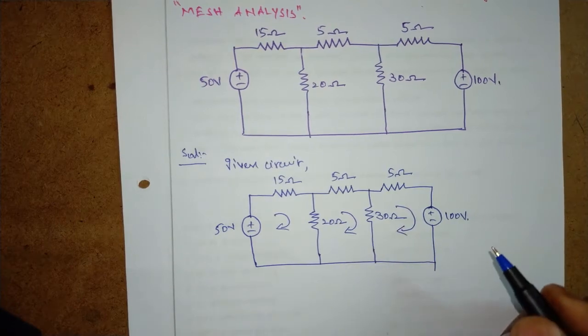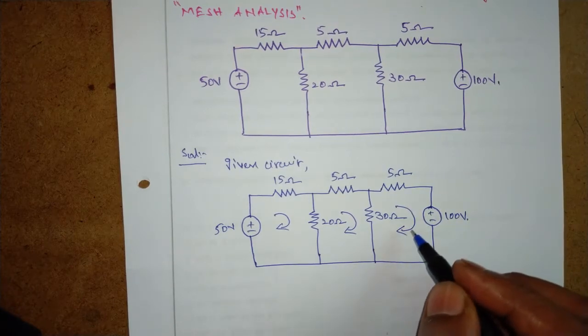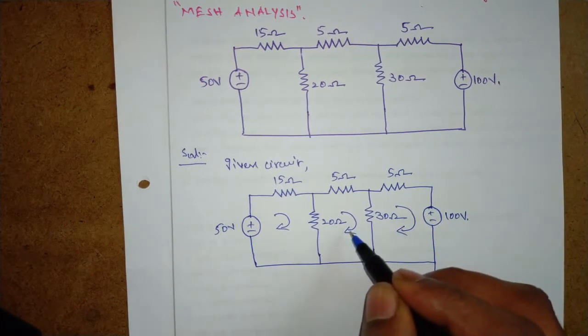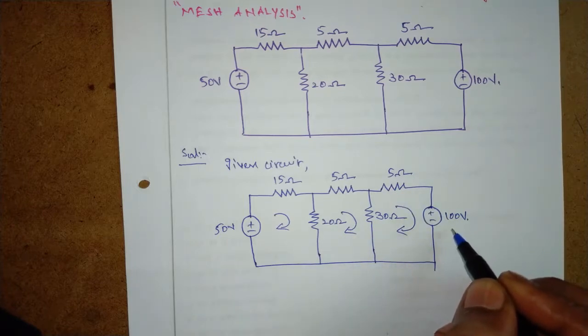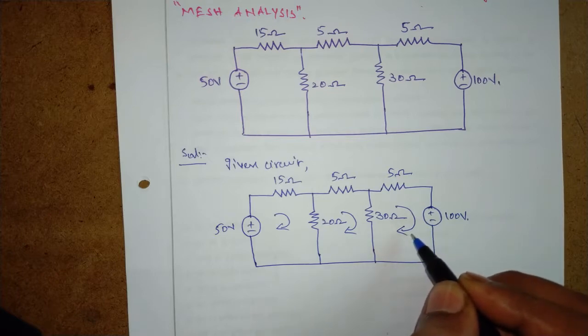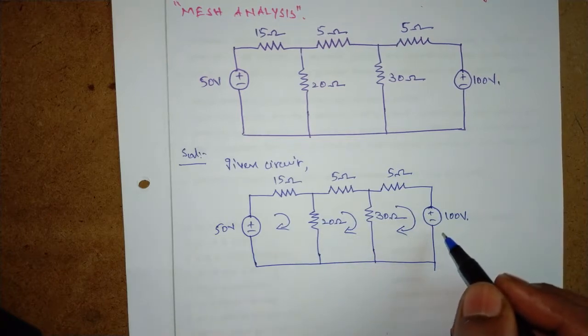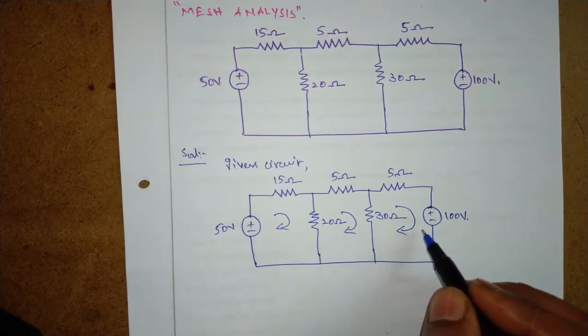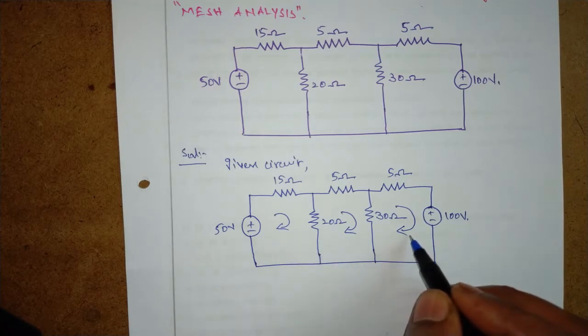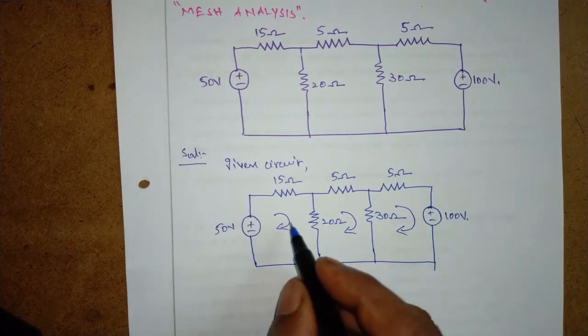Now I consider another basic loop. Here 30 ohms is associated with loop 2 and here 5 ohms and 100 volts voltage source are new to this loop. No other basic loops are here because all the elements present in the circuit are associated with the three loops.